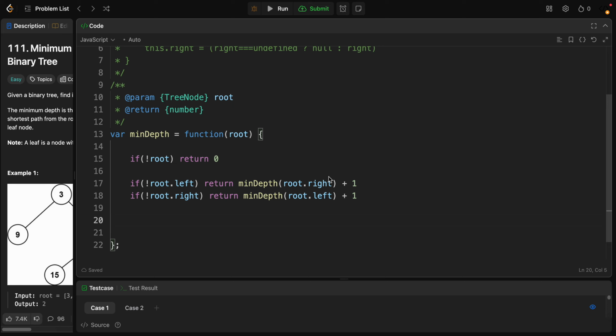If both subtrees are not null, we need to return the minimum depth. How will we do that? We return Math.min of minDepth of root.left and minDepth of root.right, plus 1.